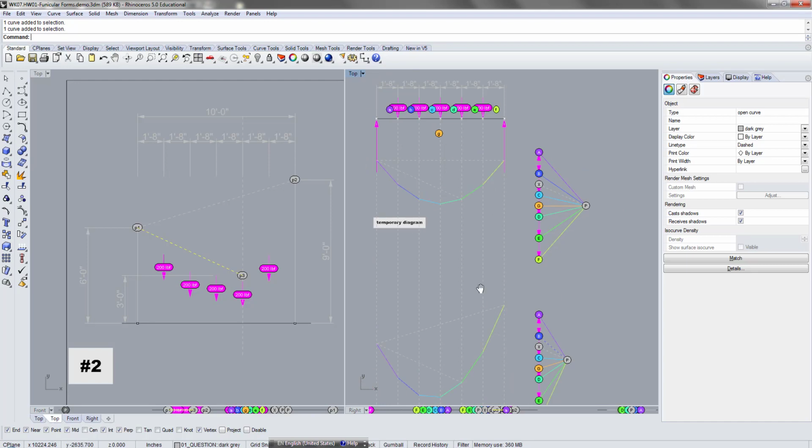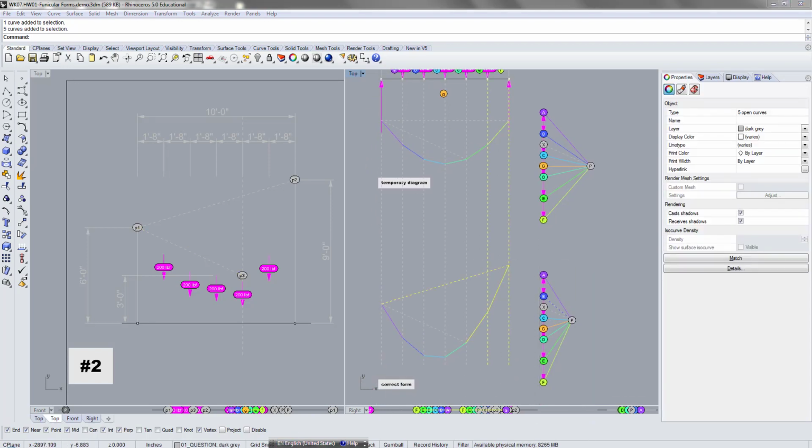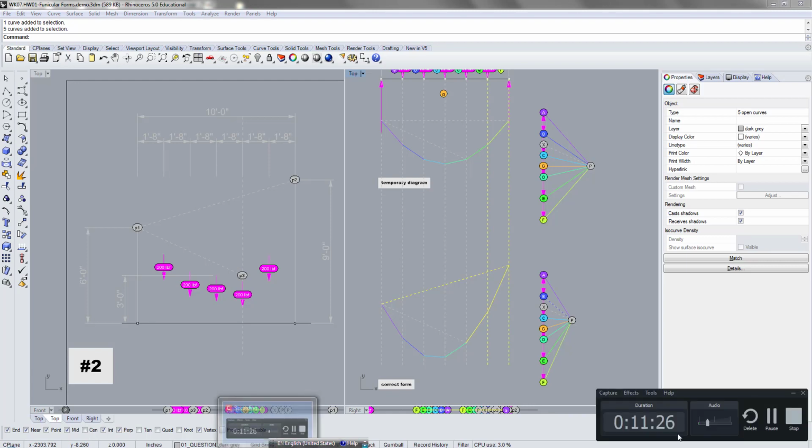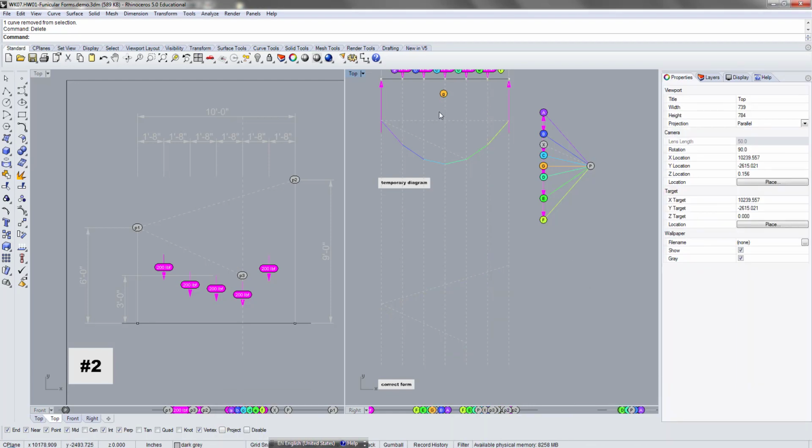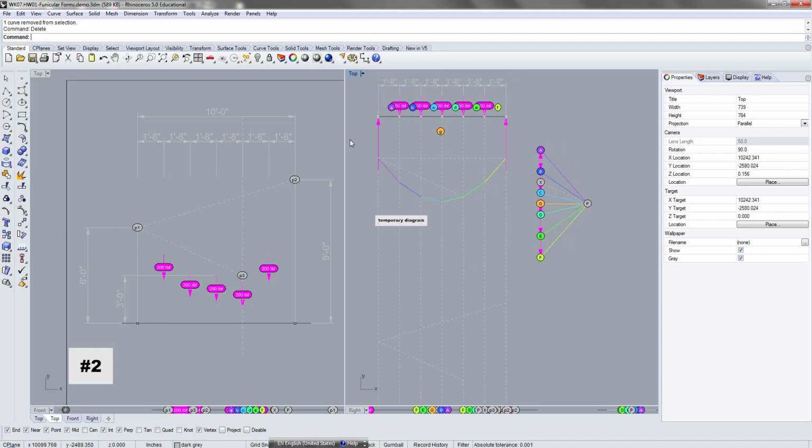So here's what I have. I just deleted the completed force diagram and force polygon, but this is a temporary version and it's different from what we should have.